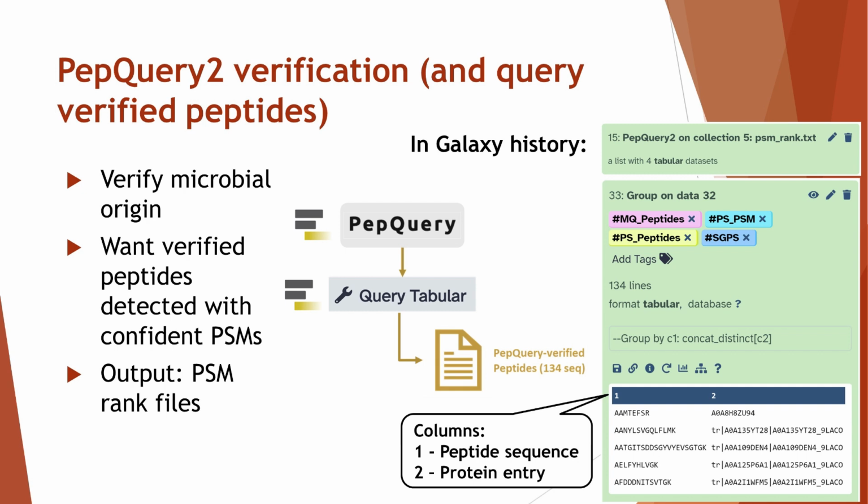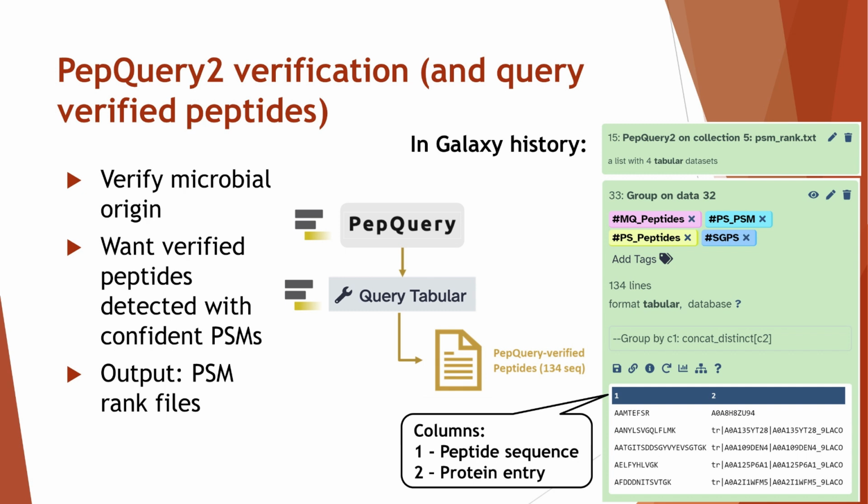This tool allows users to search a list of peptide sequences against a proteomics database to verify high-confident PSMs while also examining peptide modification. This greatly reduces false discoveries in novel peptide identification.